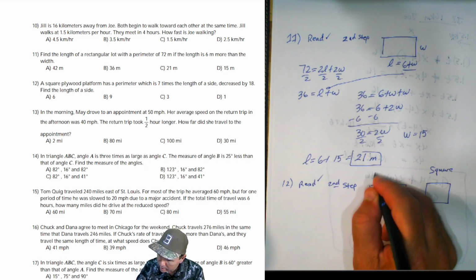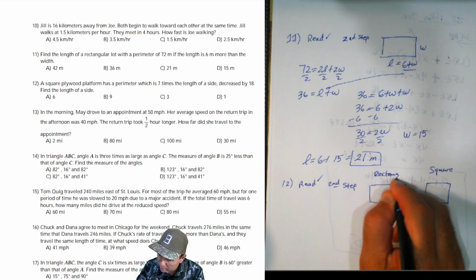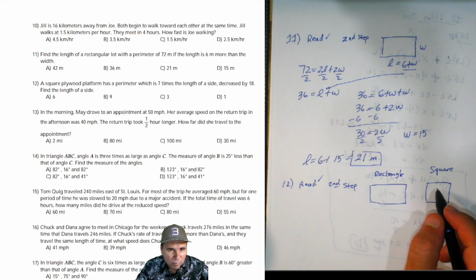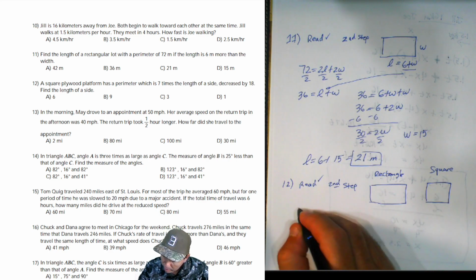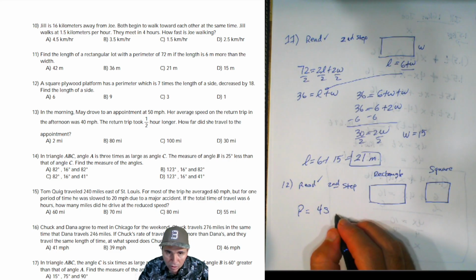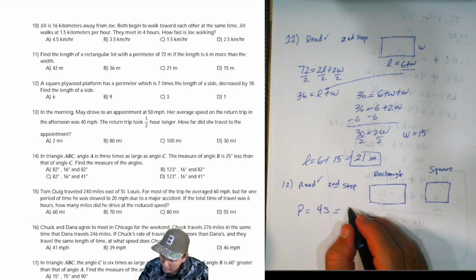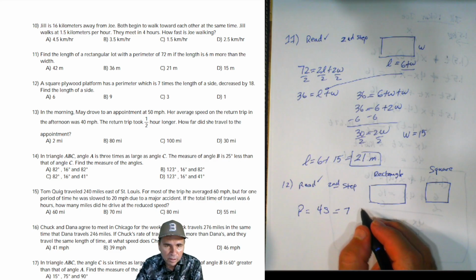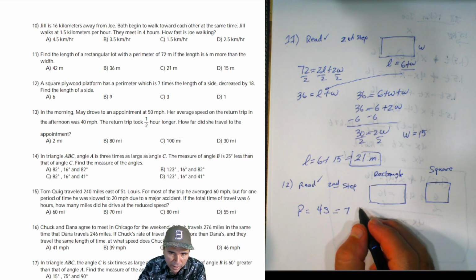Okay, so this is a rectangle. It's not what we want. We want a square. And it says a square platform has a perimeter which is 7 times the length of the side. So the perimeter, which is 4 times the side, is also equal to 7 times S, seven times the length of the side decreased by 18.